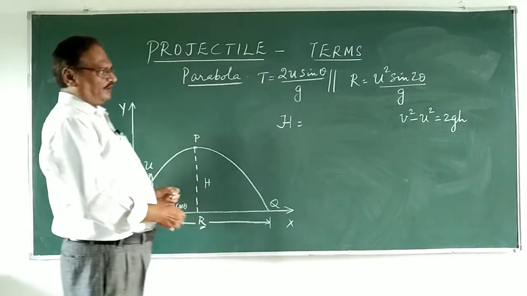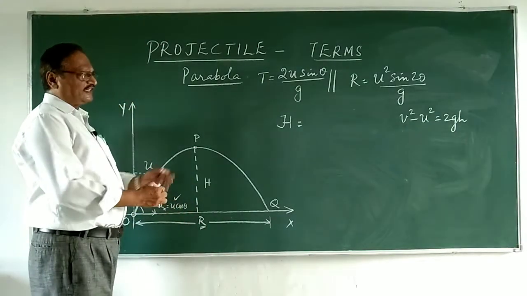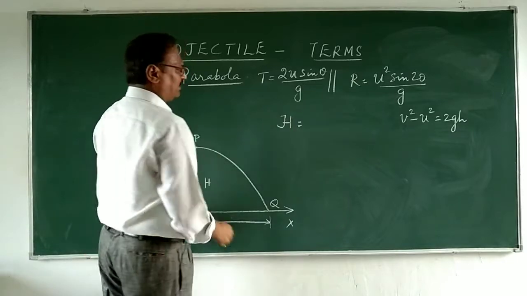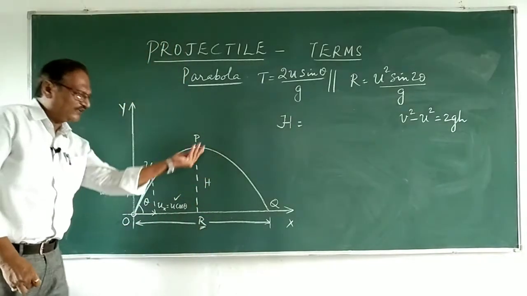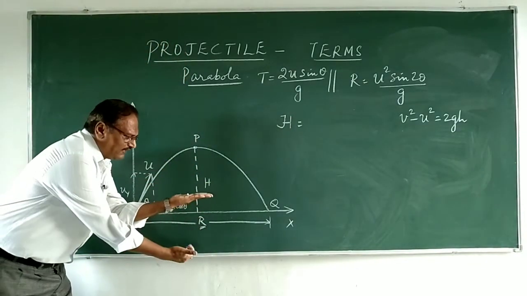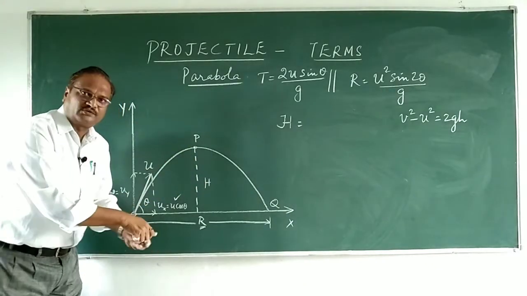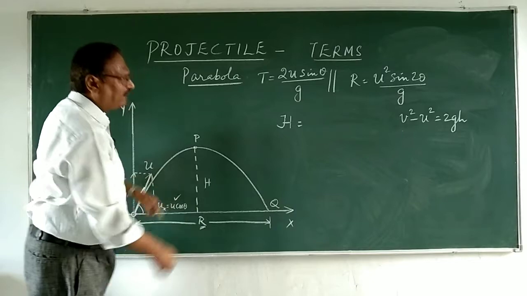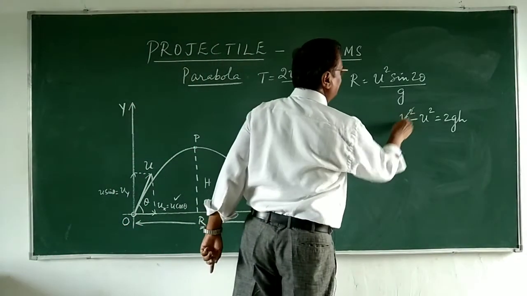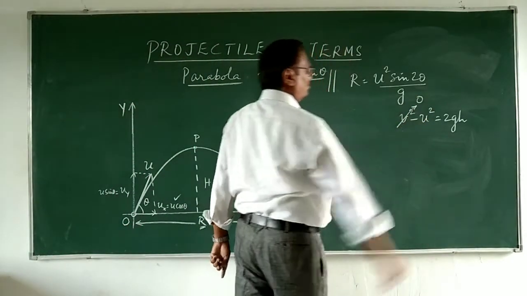Now, what is this? This is vertical motion. In vertical motion, as usual at the start, what is the final velocity? 0. Then it falls down. So the final velocity is 0.